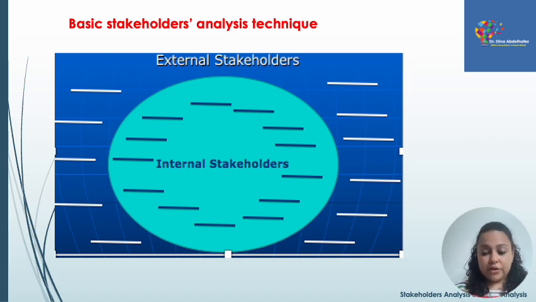For example, if we are implementing an evaluation process for a school, the internal stakeholders are teachers, professors, the dean of the school, and the government which is providing funding for the students inside the school.